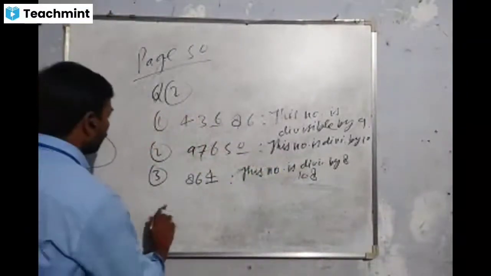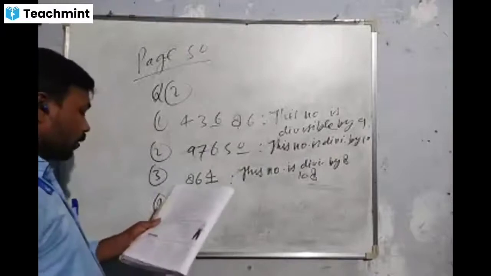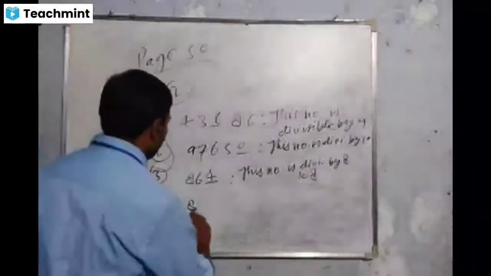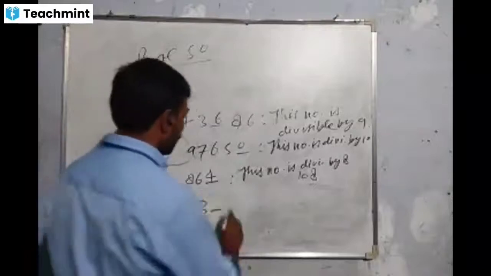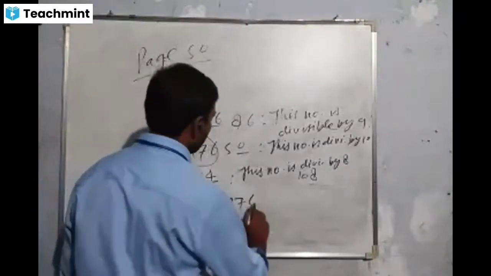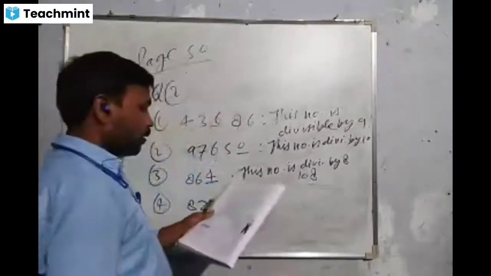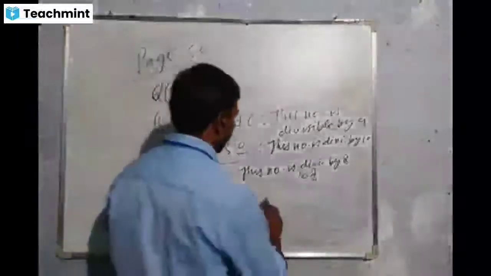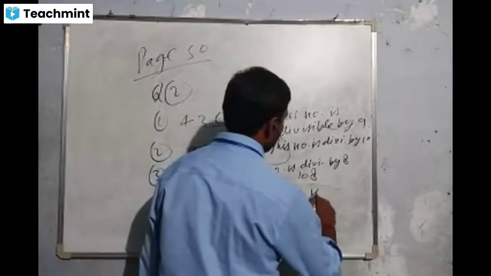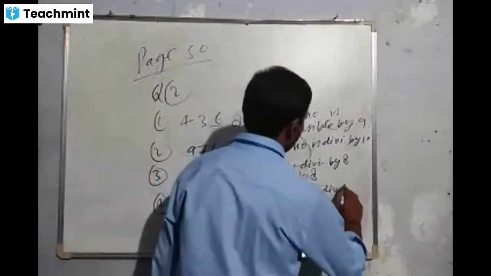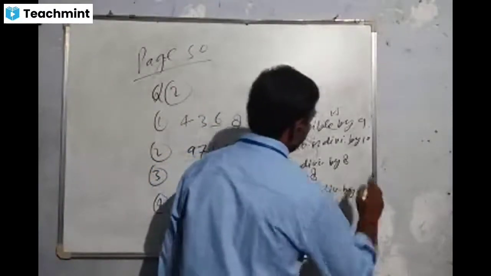And question number 4. We have 8, 3, and here a blank, and 7, 7, 6, and it asks whether this number is divisible by 11.